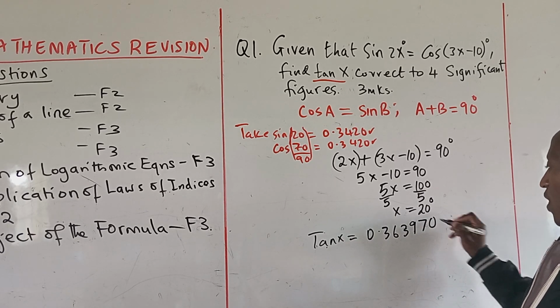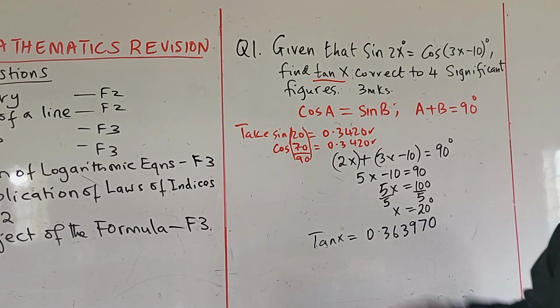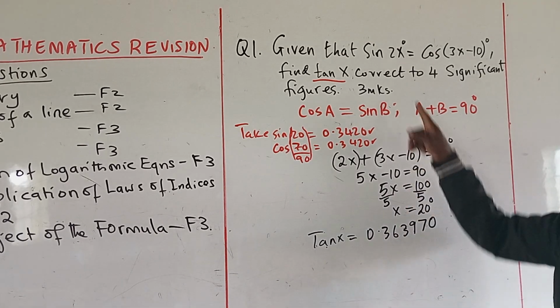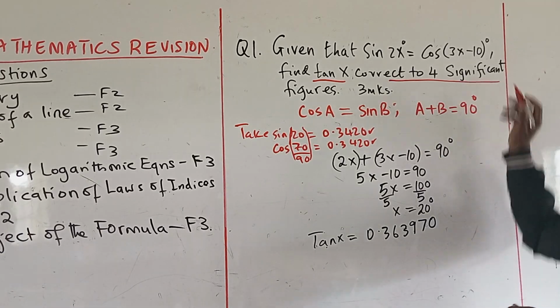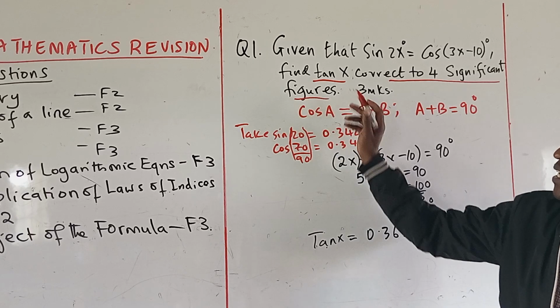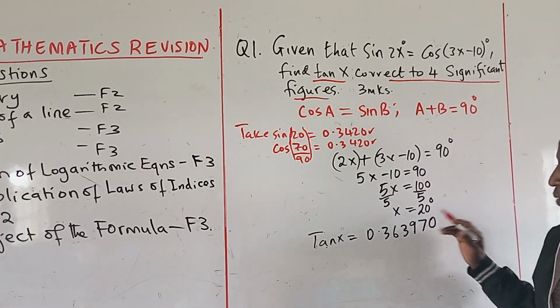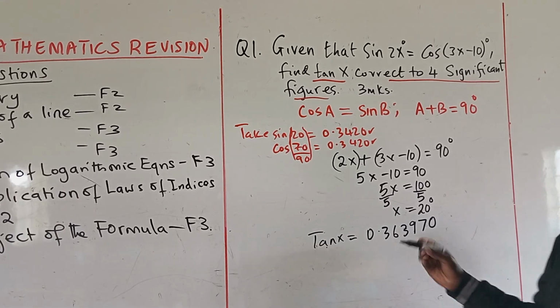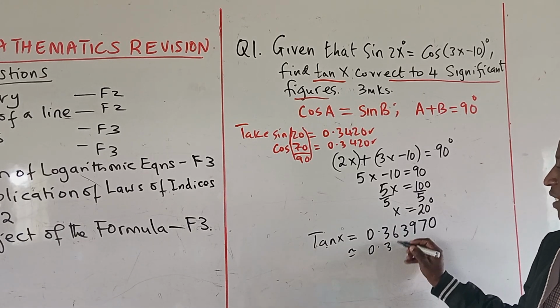Now, if we look at this question, already we have the accuracy of our answer being defined. We are supposed to give our answer to 4 significant figures. So we need to come back and reduce this to approximately 0.36.